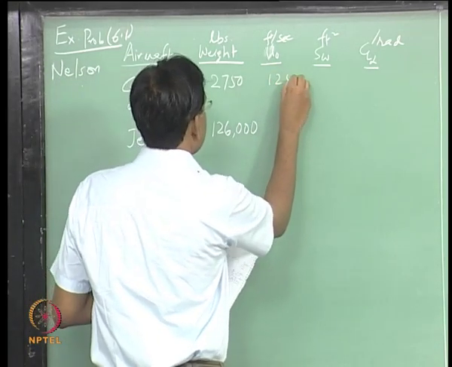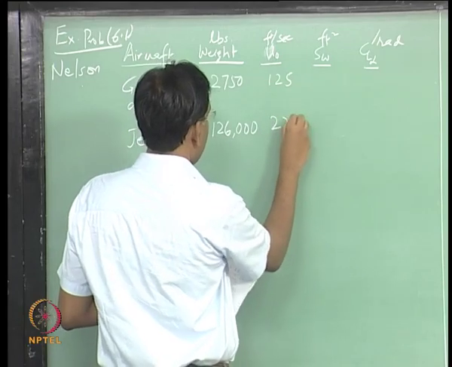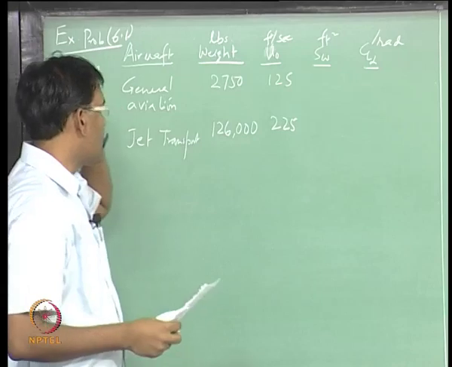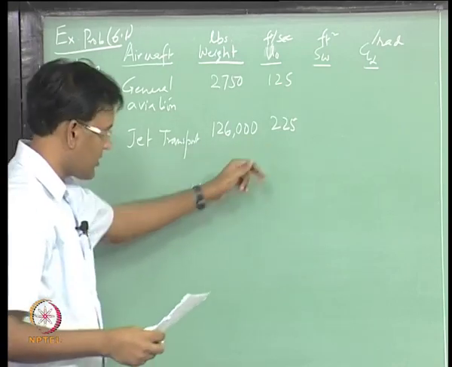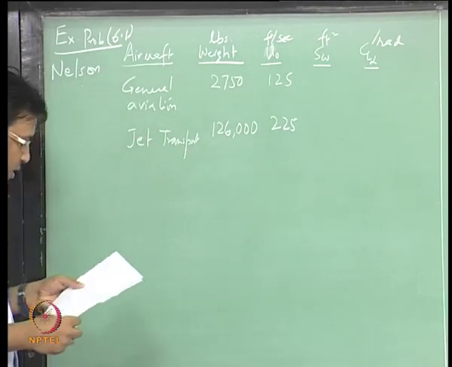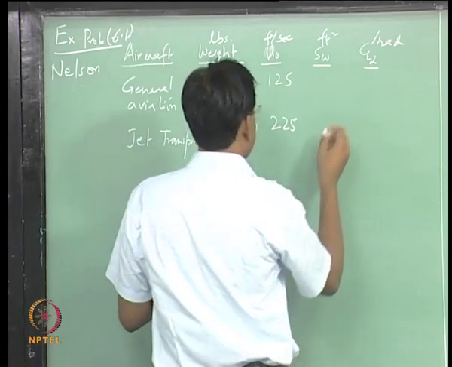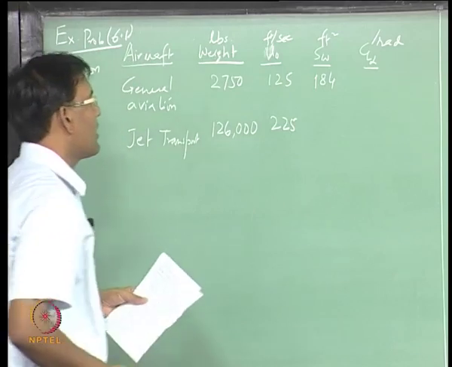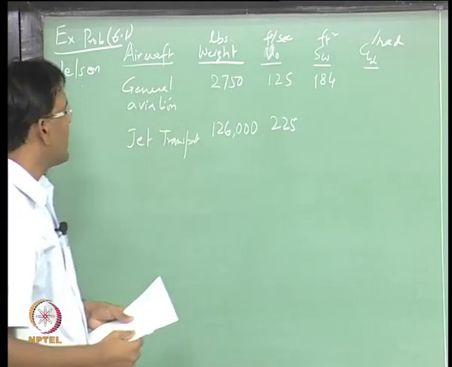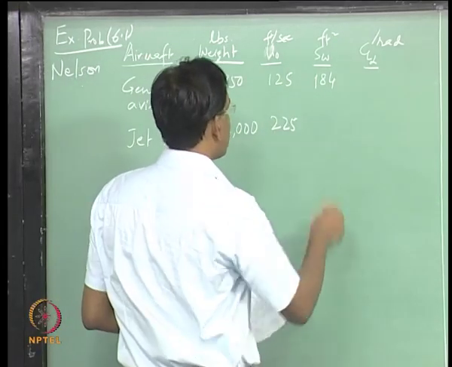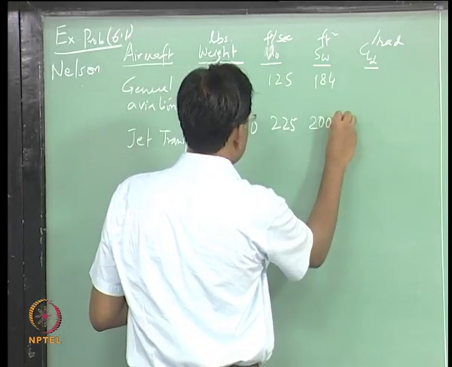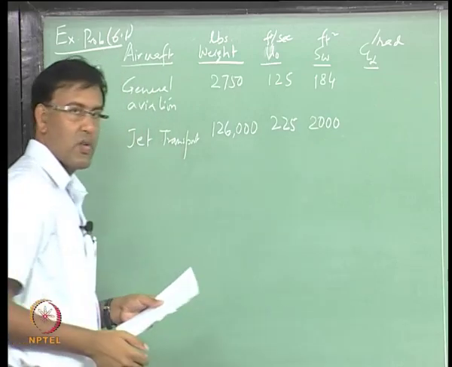Speeds here are different. One case is 125, the other case is 225 feet per second, and the wing planform area in the first case is 184 square feet and the other case is 2000 square feet.